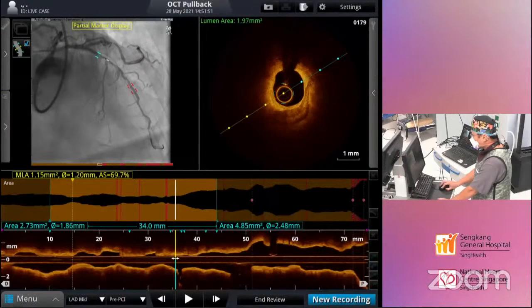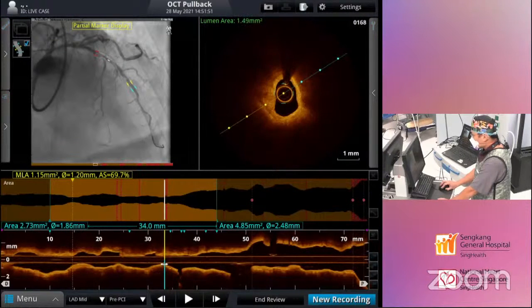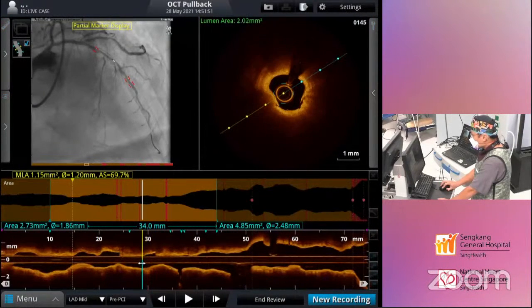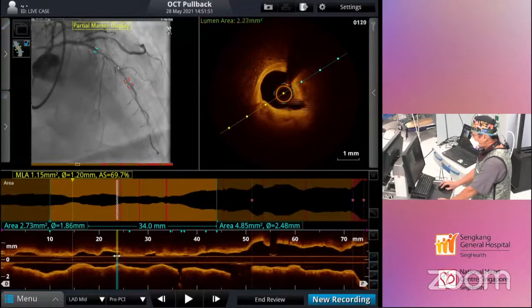Going more distally here, you see again mostly eccentric calcification, but it goes more than 180 degrees around the vessel. Here the lumen is quite tight. A lot of what looks more like lipidic flap here now. So there's low intensity signal, but not well defined, not well demarcated, and with signal loss. Again, going more distally, appearance of calcium again. Again, mostly eccentric and mostly on the inferior border. So this is the myocardial side of the artery.